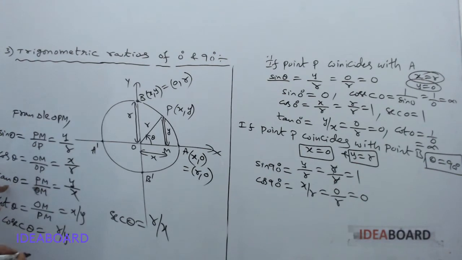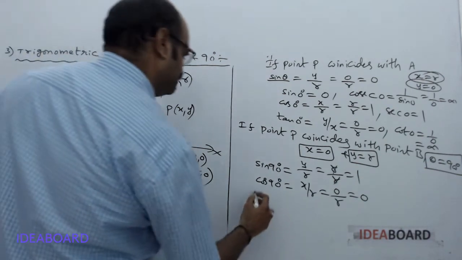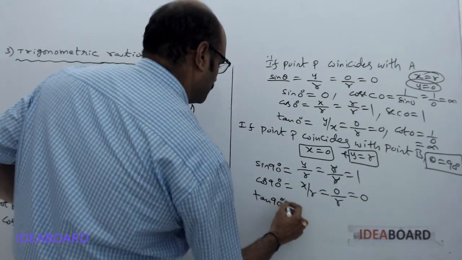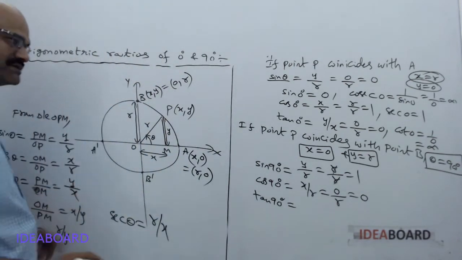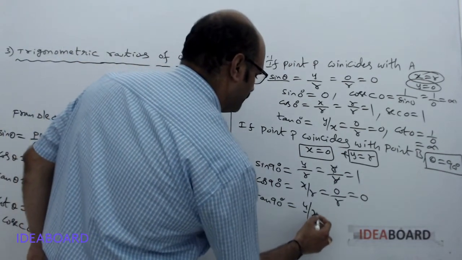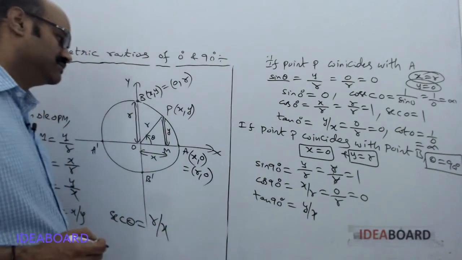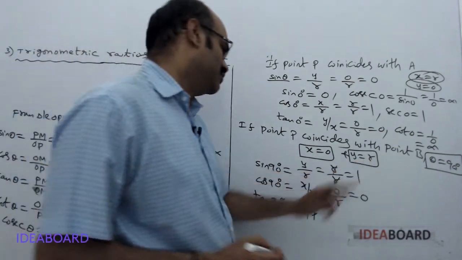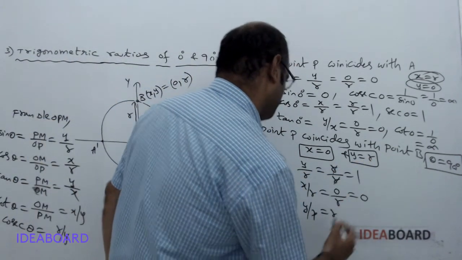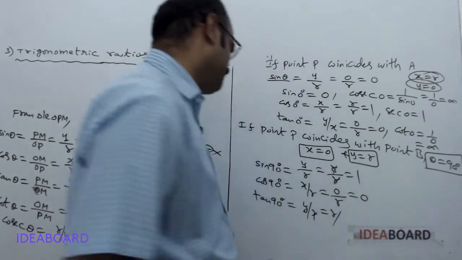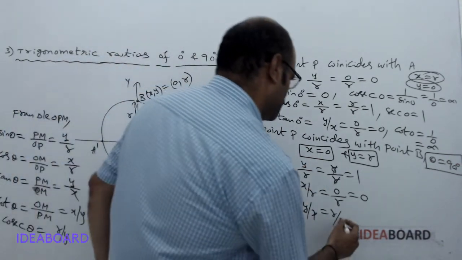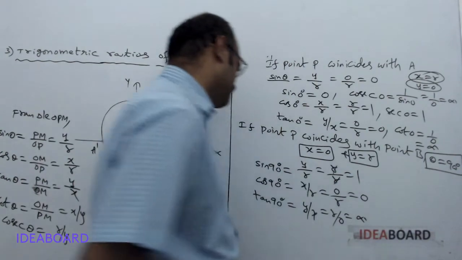Now tan 90 degrees equals y by x, where y equals r and x equals 0. So r by 0 is infinity.